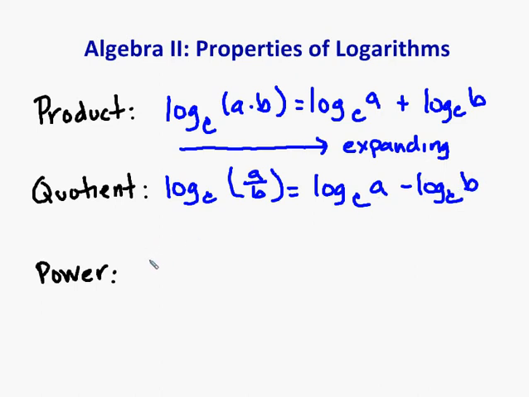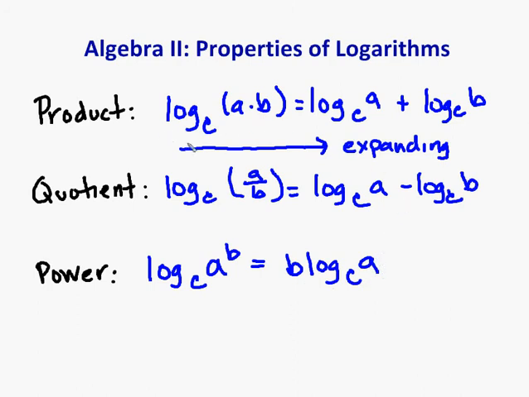And the power property says that if I have log base c of a to the b, that's the same as b times log base c of a.